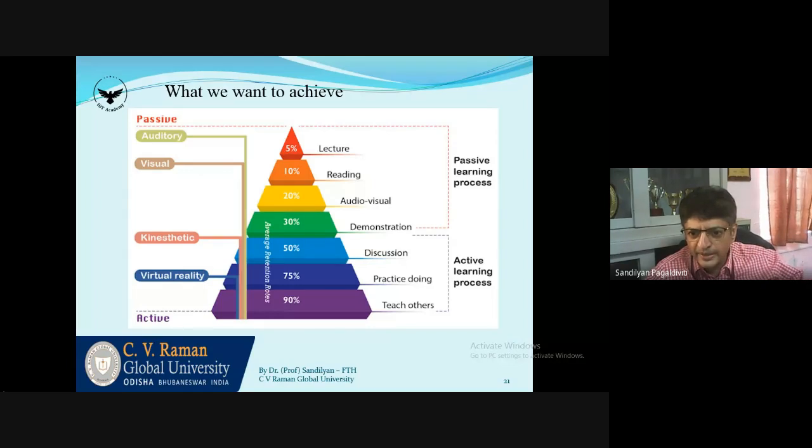Try to involve them in discussions. The earlier part can be minimal. I'm not saying that it cannot be there. It should be there. Certain things you need to demonstrate, but then definitely allow the student to practice it once more. If both are actively involved, only then our target of achieving learning will happen. Next slide, ma'am.